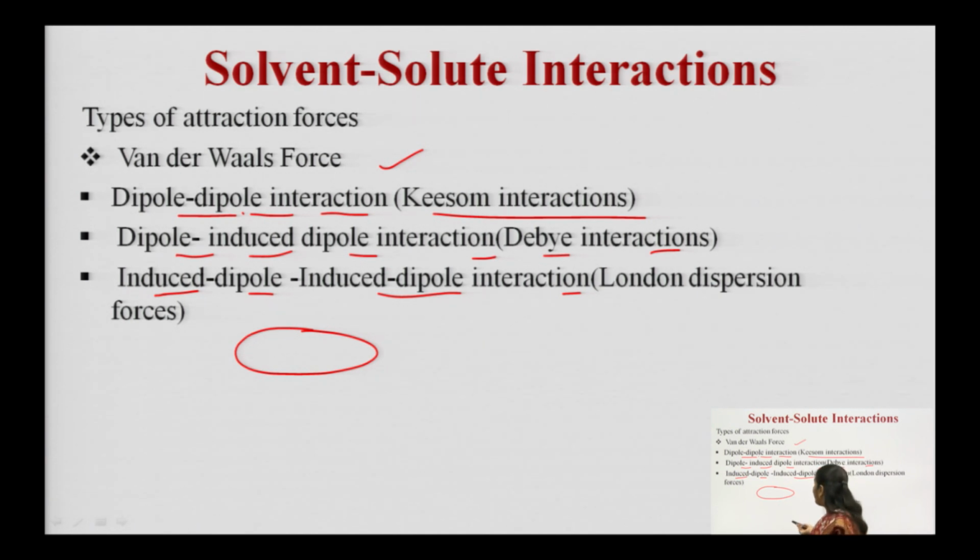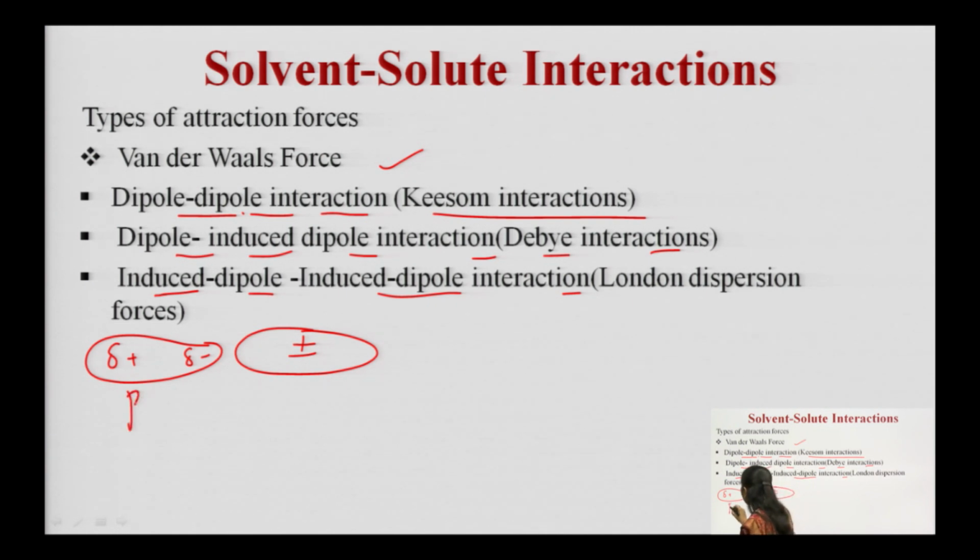Covalently bonded molecules can be divided into two categories: one which has dipoles and one which does not have dipoles. The ones which have dipoles are called polar molecules, and the ones which do not have dipoles are called non-polar molecules.